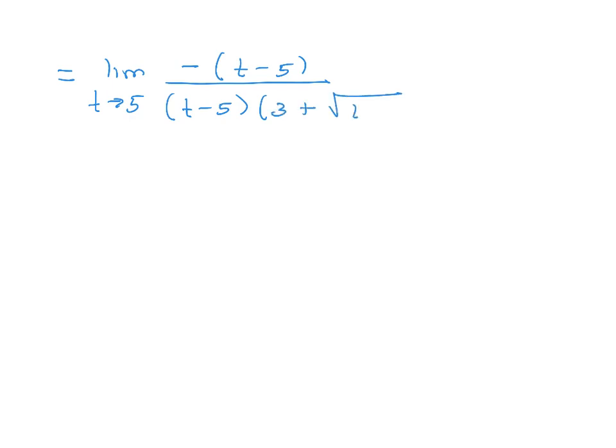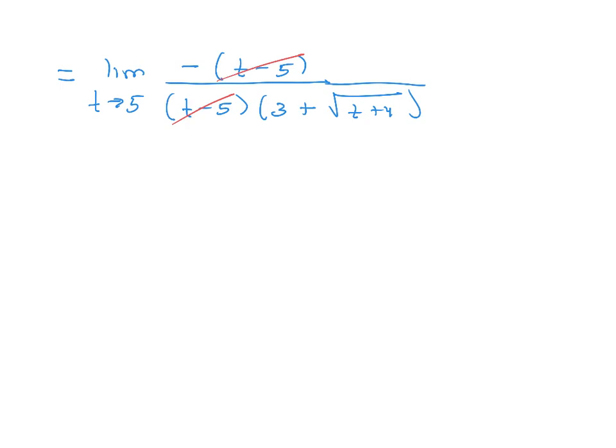I'll put that as my next step on the next slide, replacing this with this. So that was the limit as t approaches 5 of negative (t minus 5) divided by (t minus 5) times the quantity 3 plus the square root of t plus 4. Because now we can cancel this t minus 5 with this t minus 5.